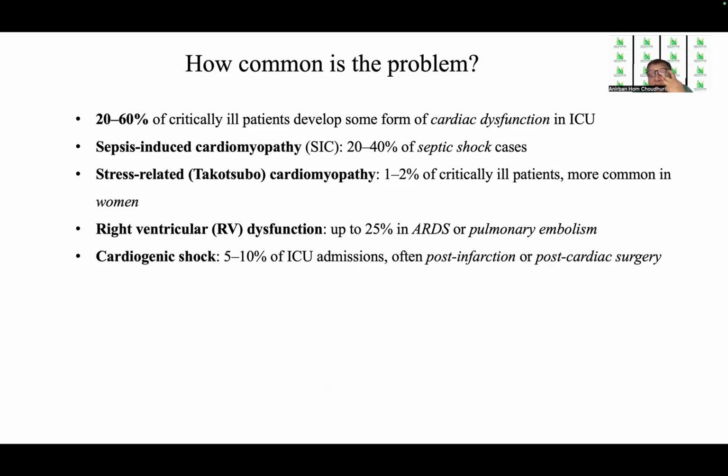In patients after cardiac surgery, post-infarction, or in myocarditis, there can be pure cardiogenic shock. That is the cause of cardiac dysfunction. And in a lesser percentage of patients, it can be a stress-induced cardiomyopathy or Takotsubo, more common in women, although it is much less common in comparison to the other forms of cardiac dysfunction.